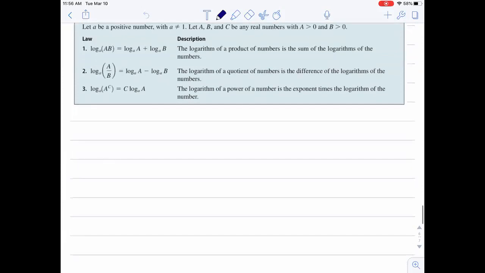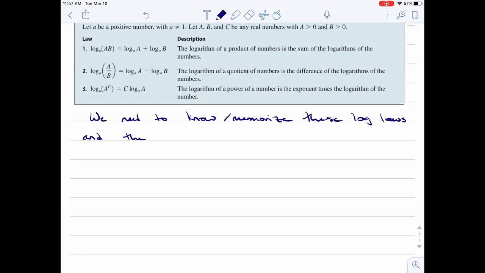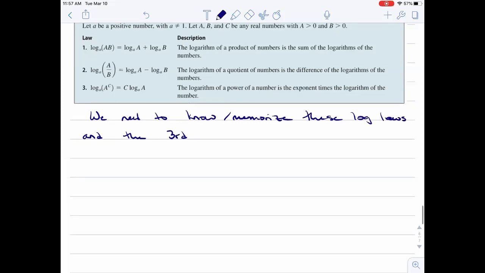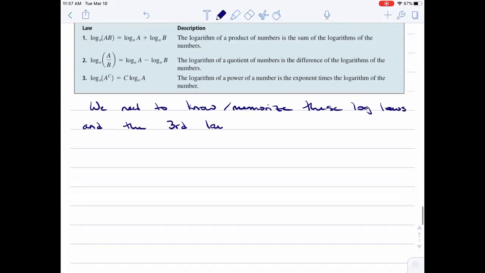So we need to know and memorize these log laws. And the third law is especially important.